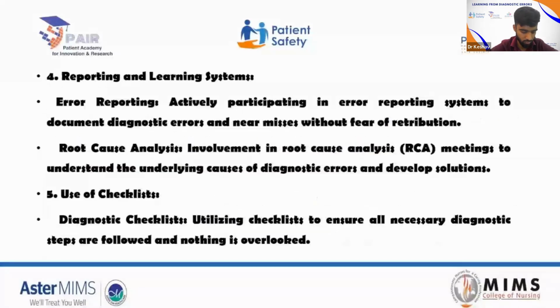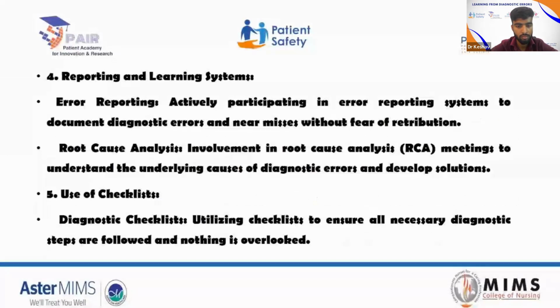Then reporting and learning systems. Error reporting: I have already said a non-punitive reporting system should be there, and this will help error reporting on the part of employees. So actively participate in error reporting systems to document diagnostic errors and near misses without fear of retribution.